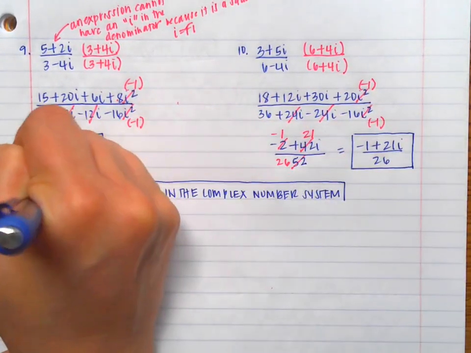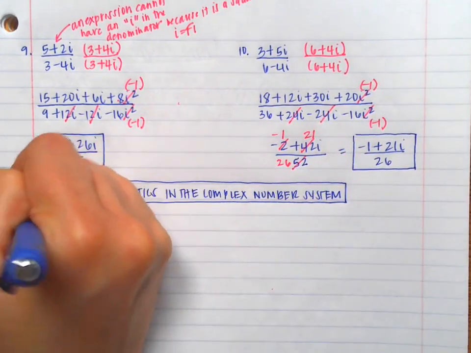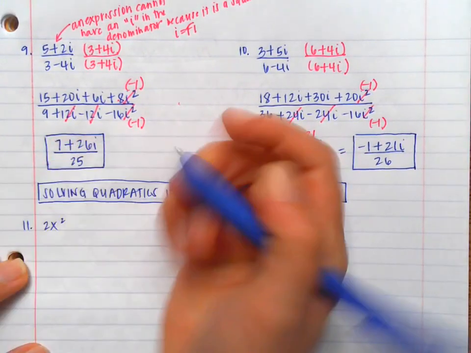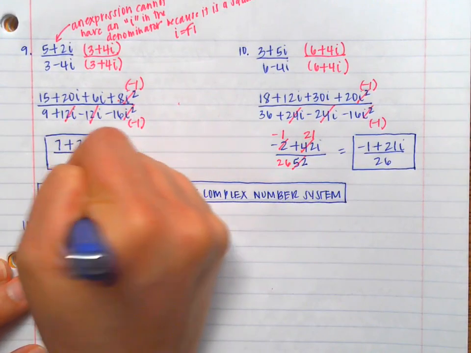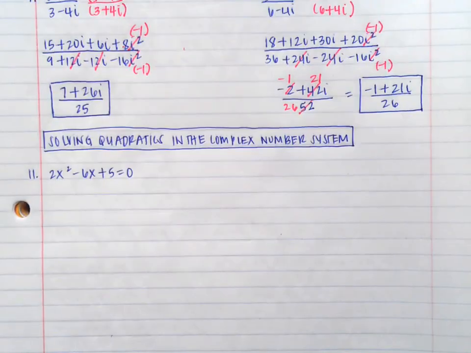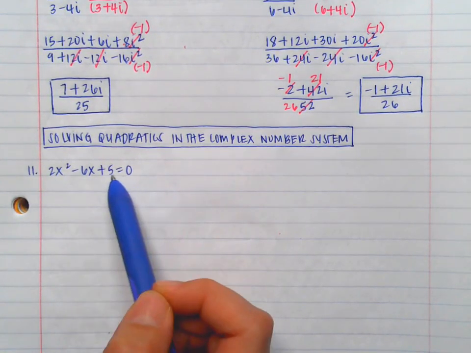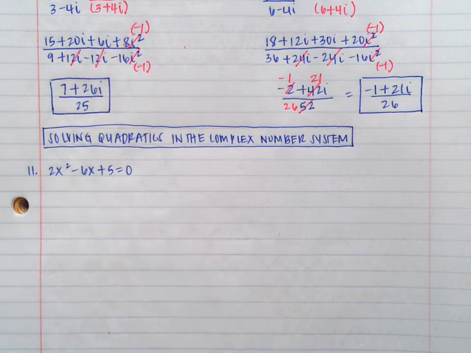So if I give you a quadratic like 2x squared minus 6x plus 5 equals 0, and I said solve that. First, of course, I'd see, can I factor it? Do I know two numbers that multiply together to get me 10 and add to get me negative 6? I don't.